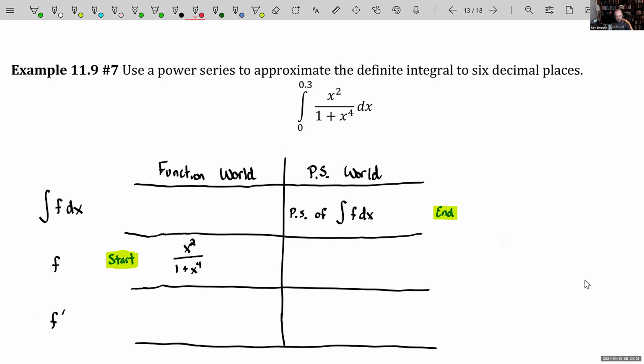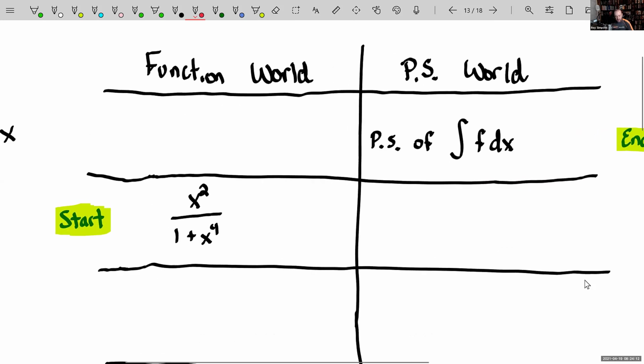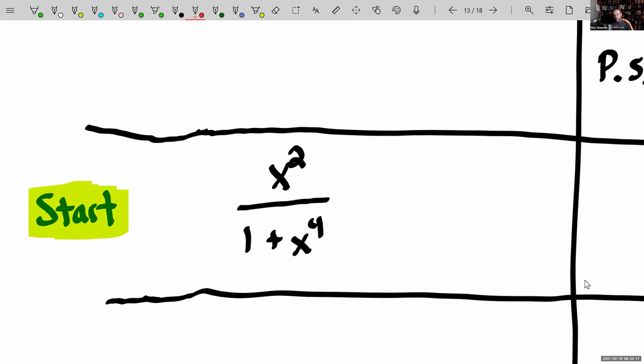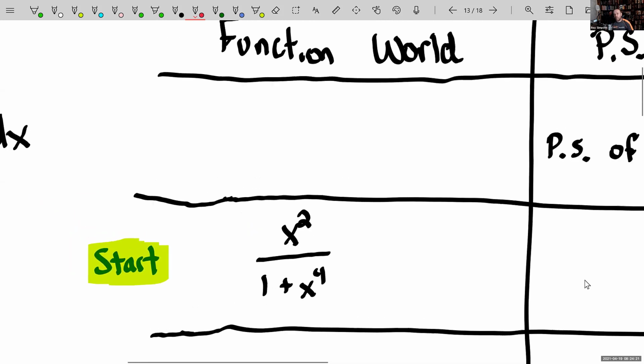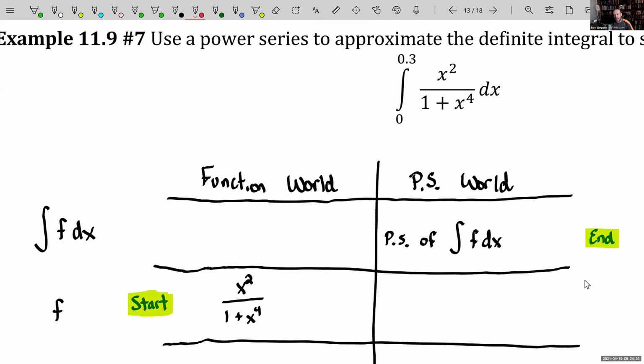Well, let's see. We'll at least start with this function here. You have your choice. You could try to integrate this function. I'm going to let you know right now, integrating this function is not a joy. Integrating this function by hand is going to be a bit of a mess.